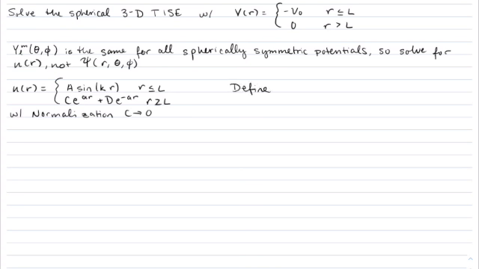We get that C is going to be 0, and we can define our k and a values in a similar, not the same, way that we did in the previous case.